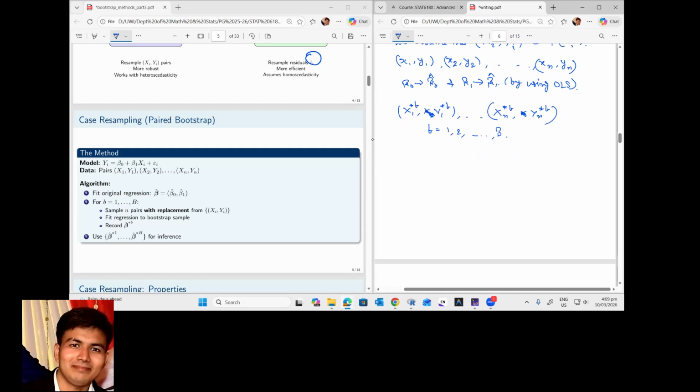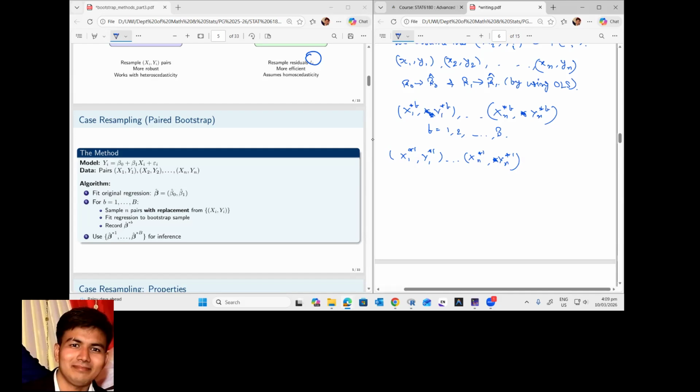For each sample, we will fit the regression line again, and we find the estimates of beta naught and beta 1 again. It will be like this: x1 star 1, y1 star 1, up to xn star 1, yn star 1.